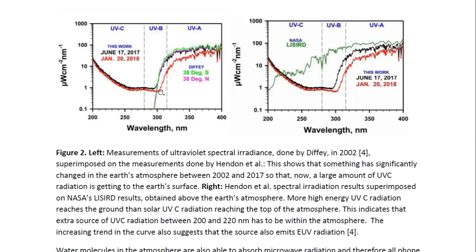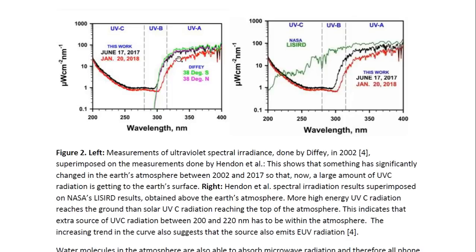First, you can see the measurements done by Hendon and his colleagues in 2017 and 2018. Here are the UVA radiation measurements. The red one is for 2018, the black one from 2017. And this one here was a measurement done by Diffey in 2002.